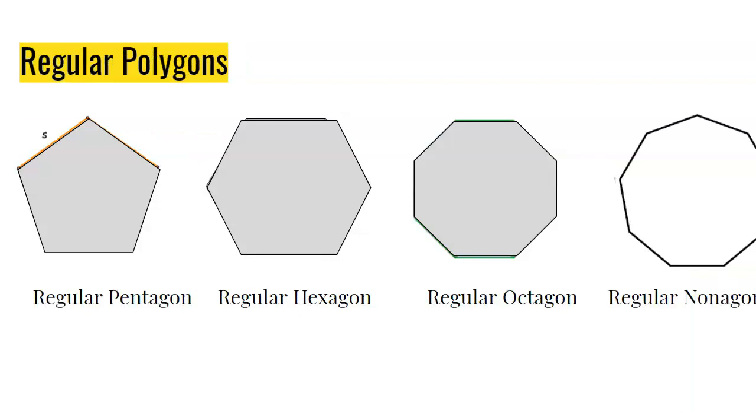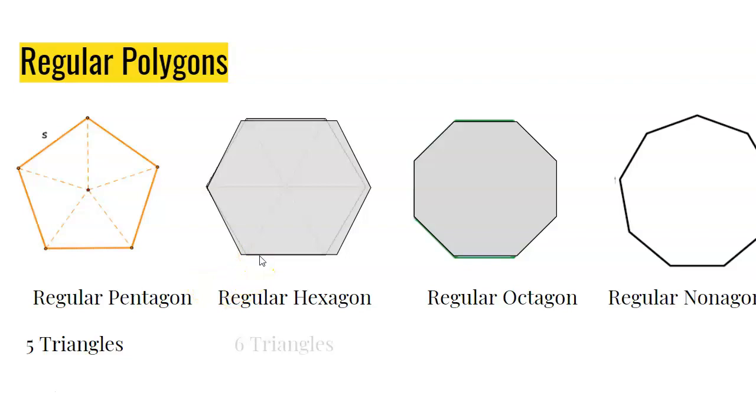So if we look at some regular polygons, we've got a regular pentagon, regular hexagon, regular octagon, regular nonagon. If we take our regular pentagon, we can break that into 5 identical triangles. 1, 2, 3, 4, 5. The hexagon has 6 sides, and we can break that into 6 identical triangles.